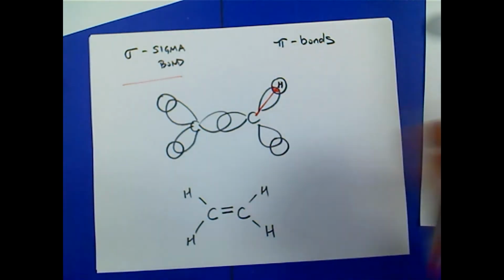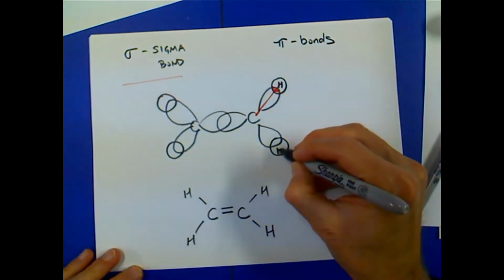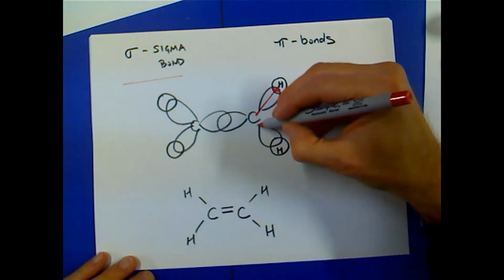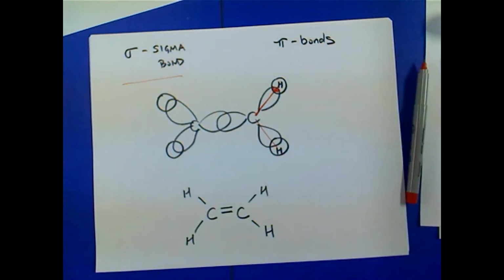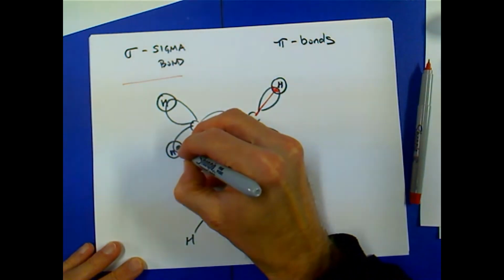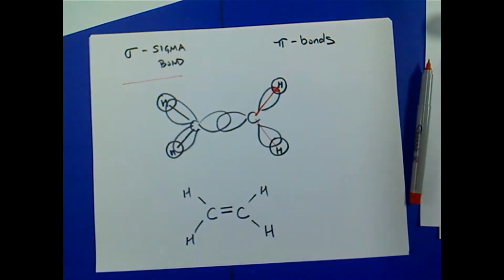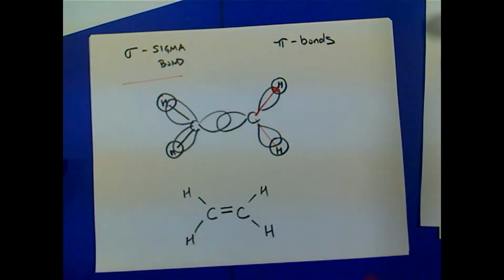So this bond here between this carbon and this hydrogen is going to be a sigma bond. All the bonds between carbon and hydrogen are going to be sigma bonds.